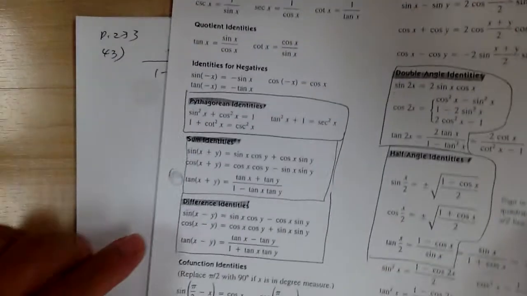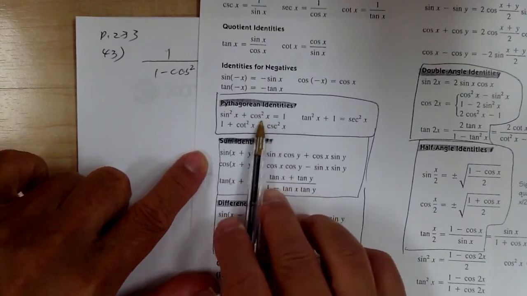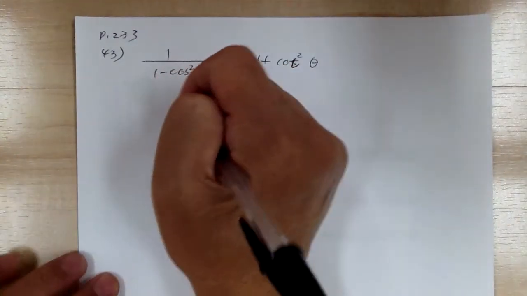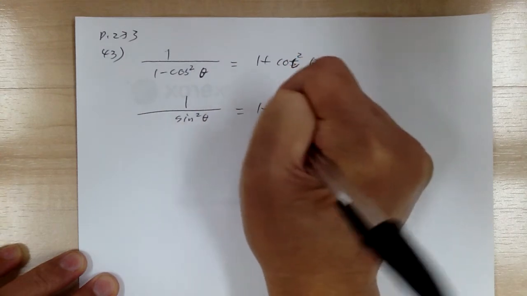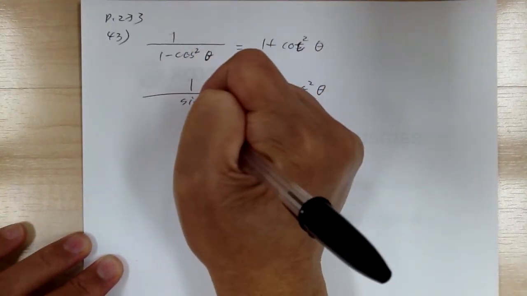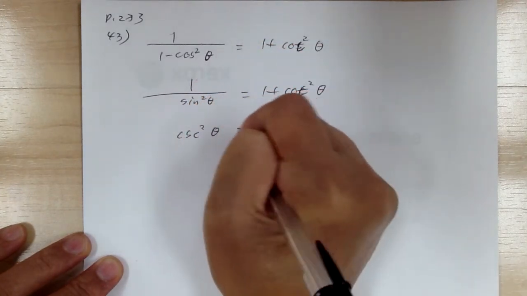Use your identity paper from here. So 1 minus cosine squared is equal to sine squared. So this becomes 1 over sine squared theta equal to 1 plus cotangent squared theta. Now 1 over sine squared equals cosecant squared theta.